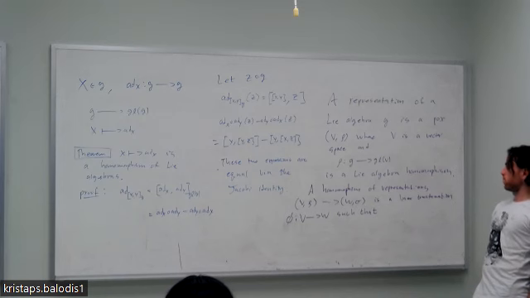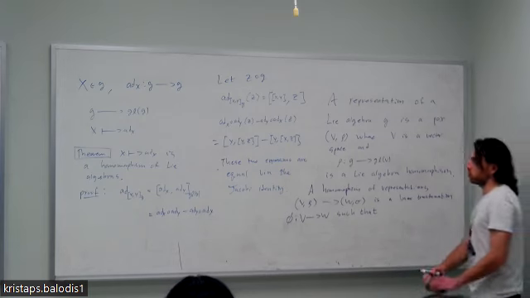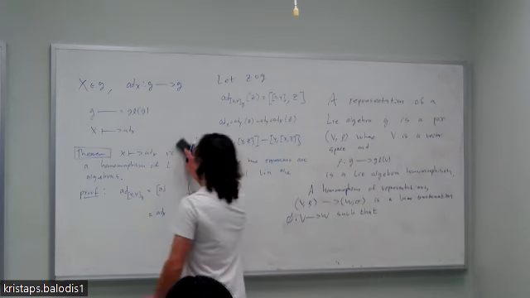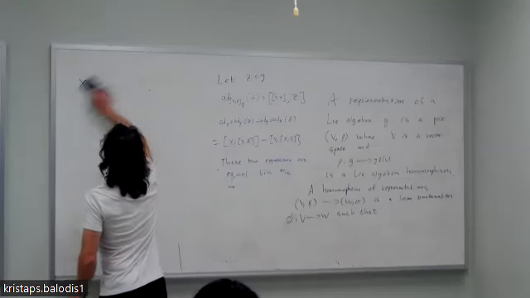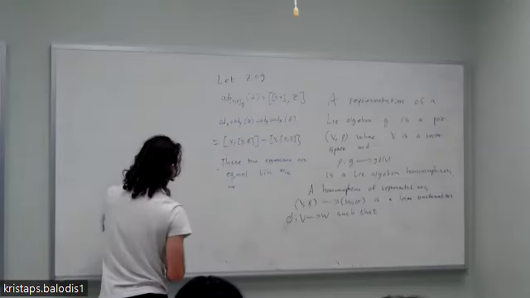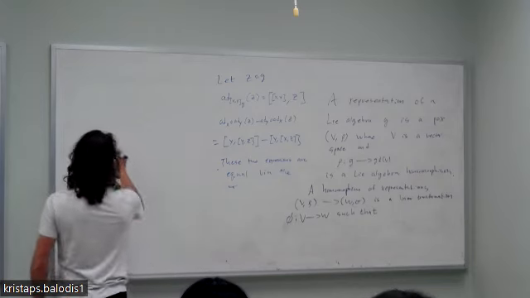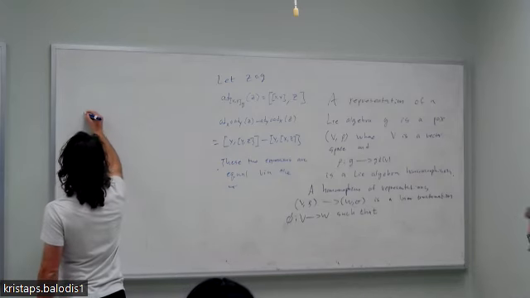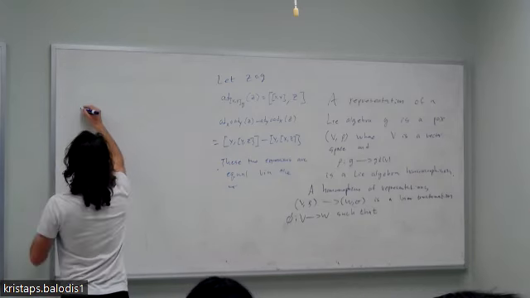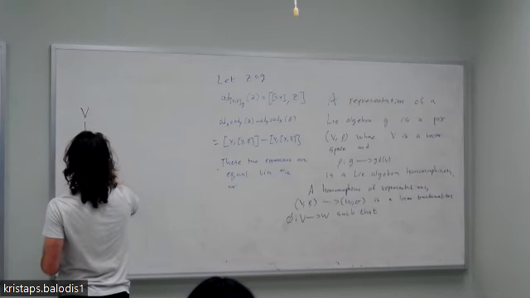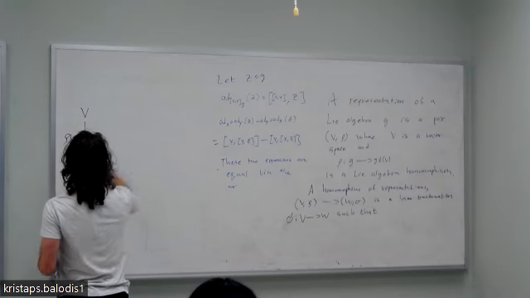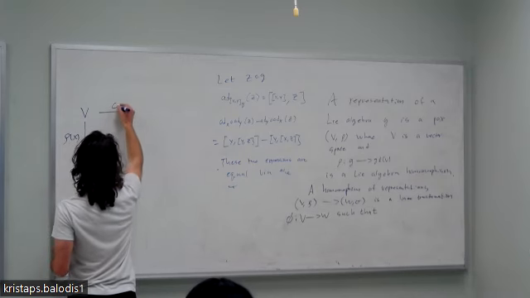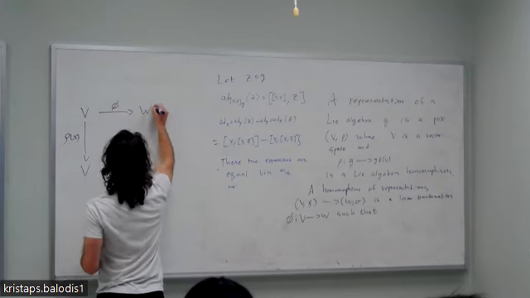It might help if I draw, so I'm going to erase some of what's on this board already and draw a picture. So let's think about this. For each x, I've got a map, rho x, here on V, and I have a linear transformation here.